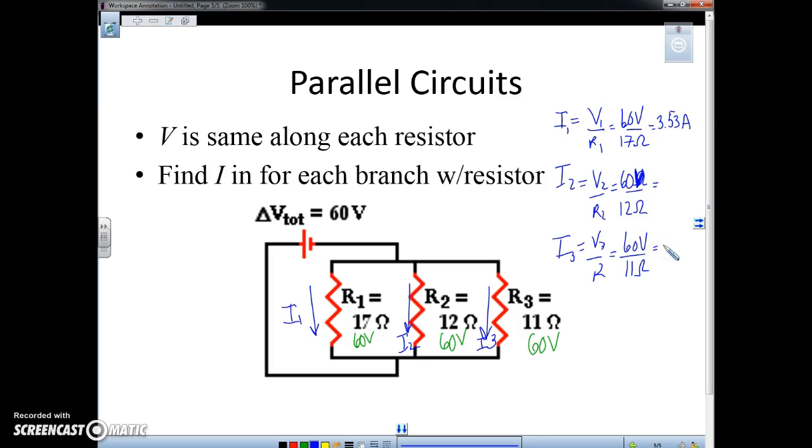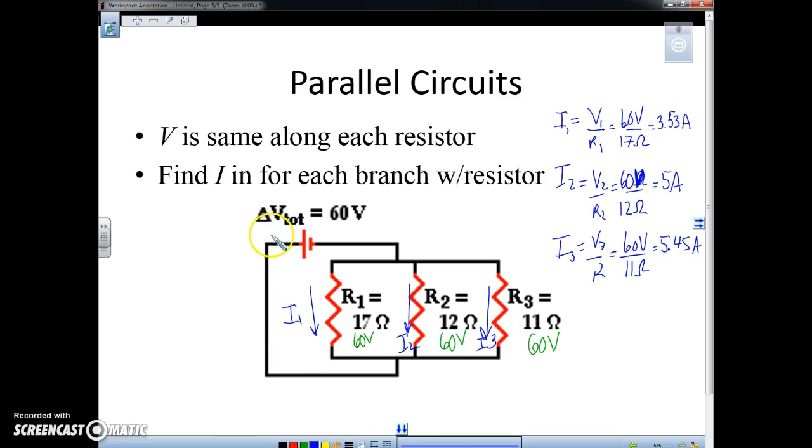So 60 divided by 12 gives us 5 amps. 60 divided by 11, 5.45 amps. Like that.